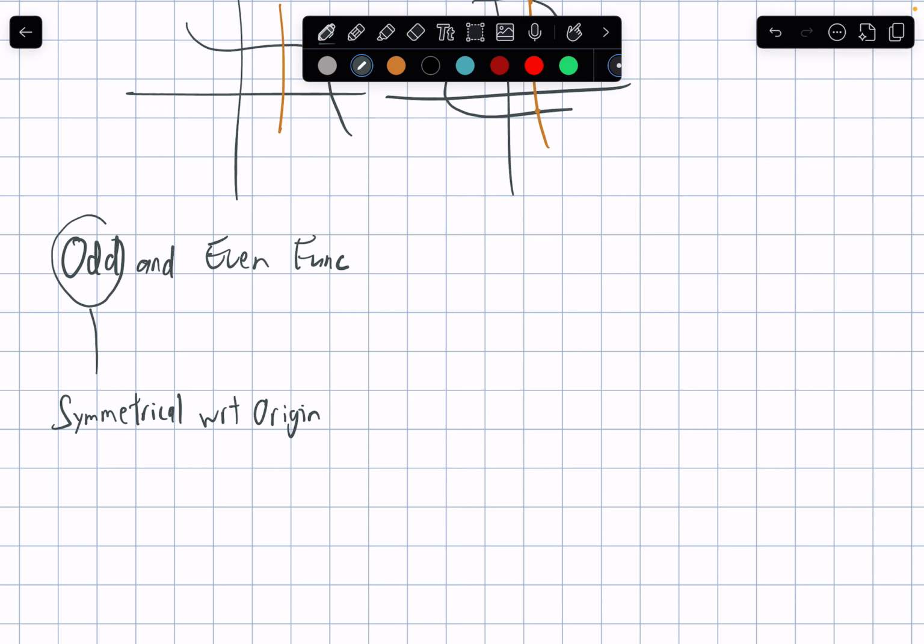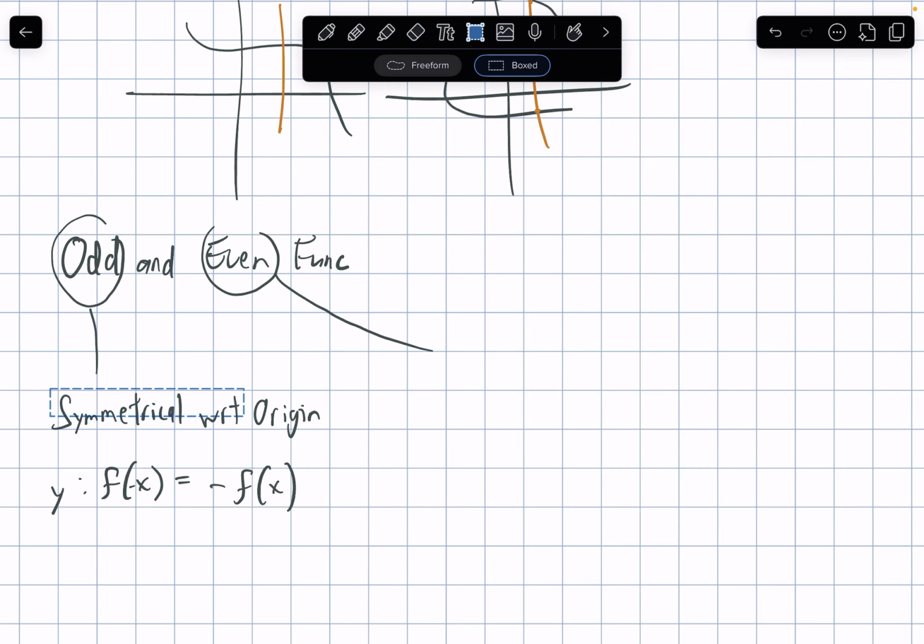What you have to know is that f of negative x is equal to negative f of x. For even functions, it is symmetrical with respect to the y-axis. So you just have to know it in that order.